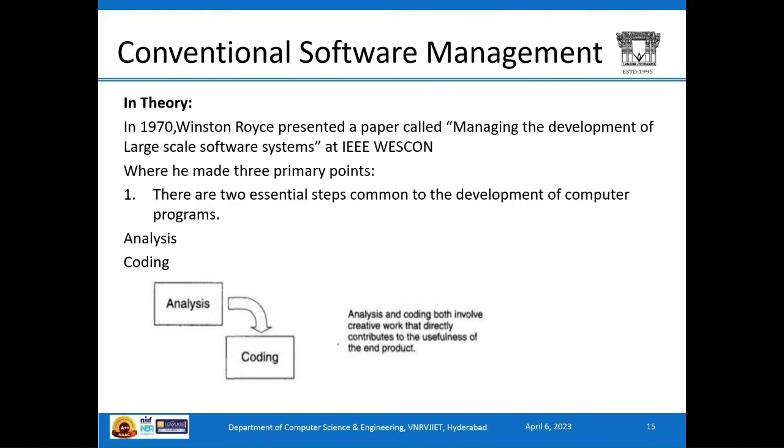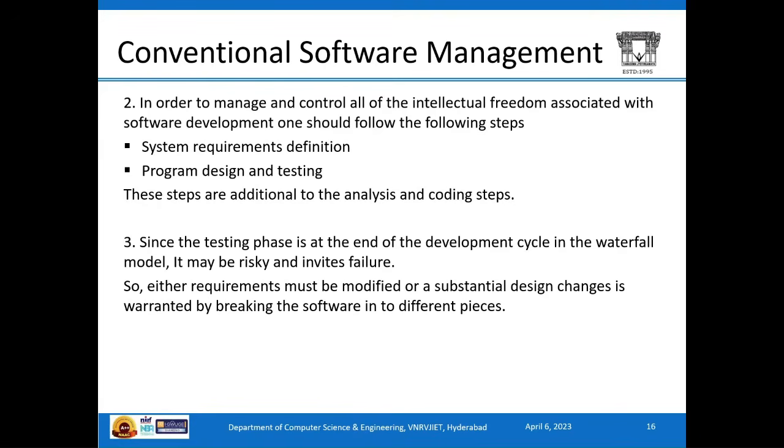The first one is that two essential steps are common in the development of software, that is analysis and coding. Both involve creative work which is directly used as an end product. The second one is to manage and control the software development.